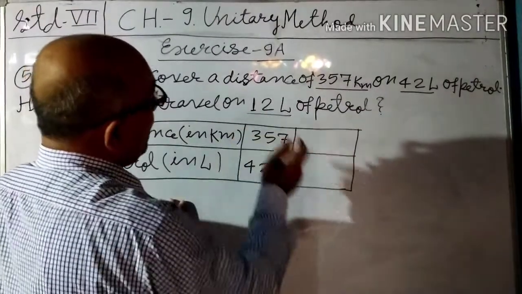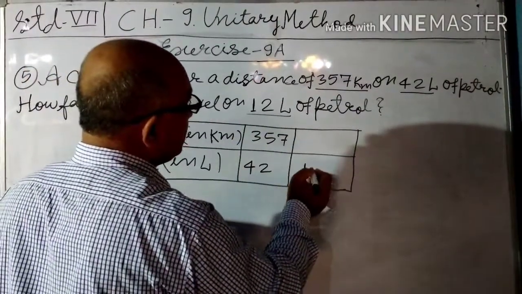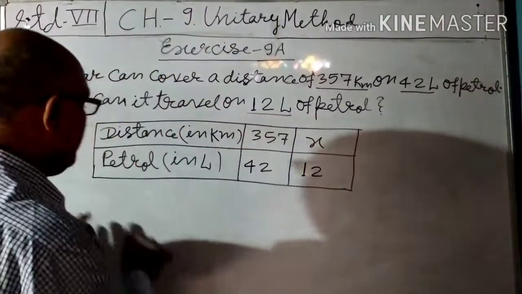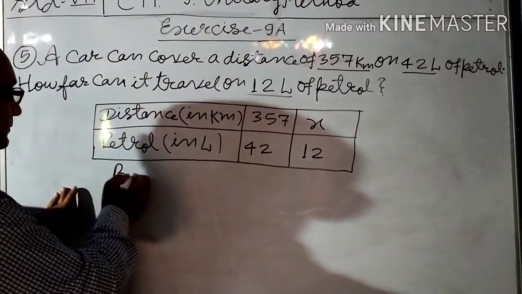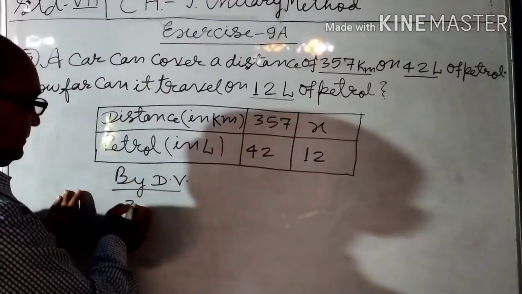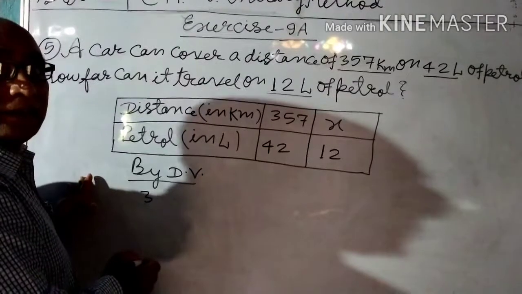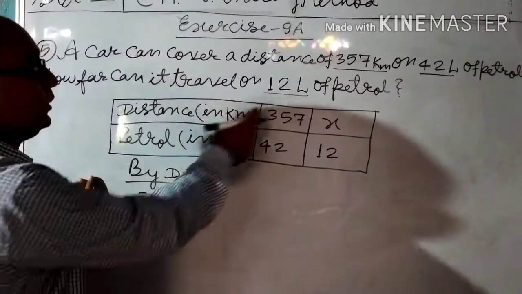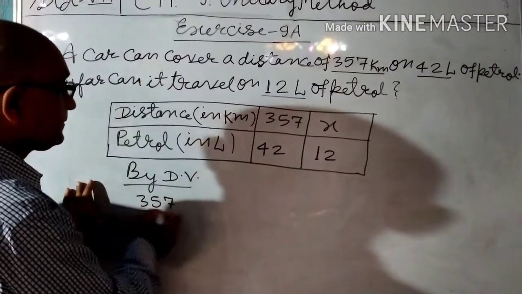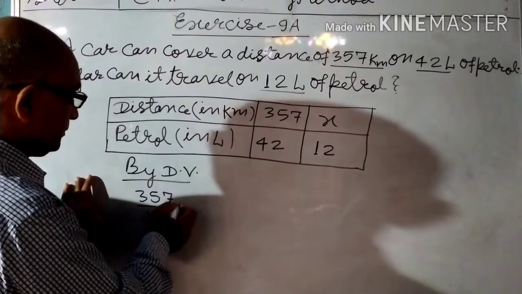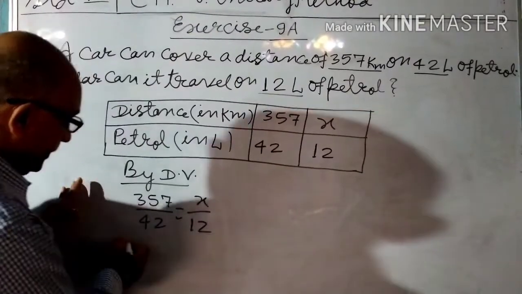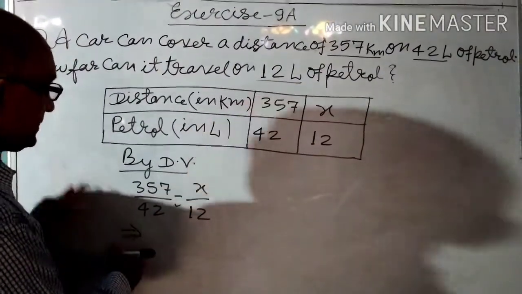Next box, petrol 12 liters. So find the distance, suppose x kilometers, by direct variation, x1 by y1 equal to x2 by y2. So 357 by 42 equal to x by 12 by cross multiplication.